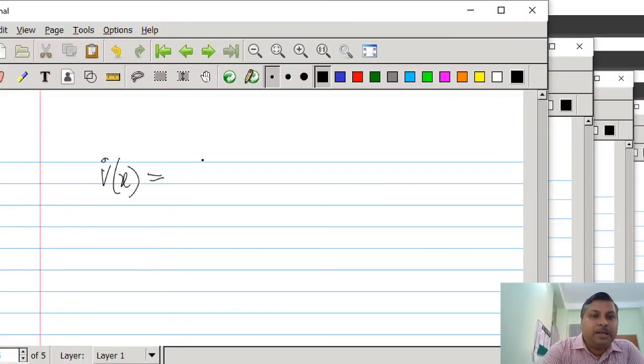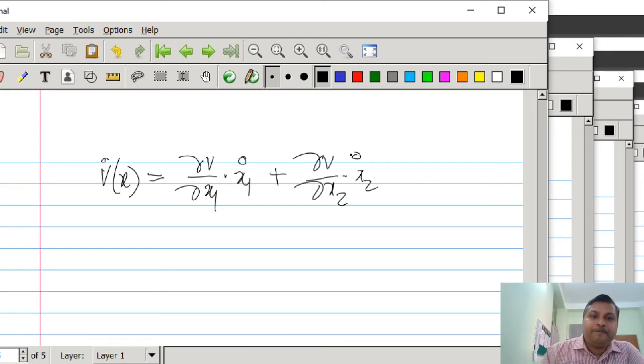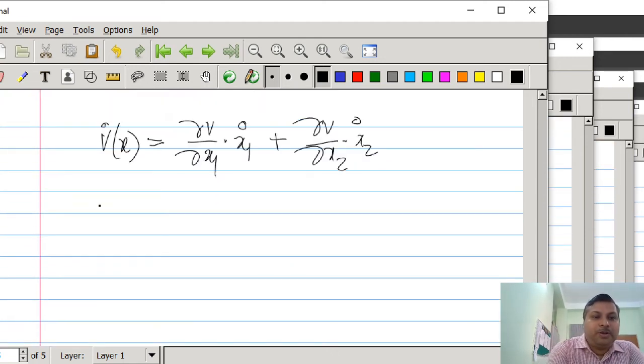So basically we have to calculate del V by del x1 into x1 dot plus del V by del x2 into x2 dot. Let us do that. If you calculate del V by del x1, it will be 1/4 into 4 into x1 cube, and what is x1 dot?